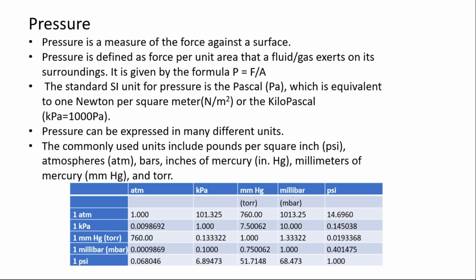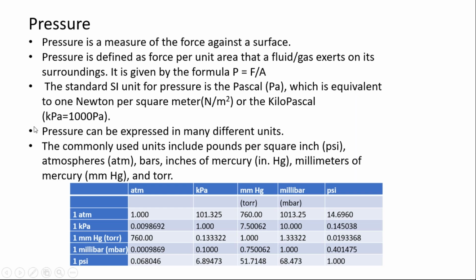It is defined as the force per unit area, and it is given by the formula P is equal to force by A. The standard SI unit is Pascal, which is given by capital P and A, which is equivalent to 1 Newton per square meter, or the kilopascal, where the kilopascal is equal to 1000.